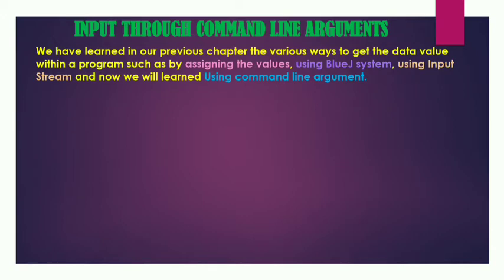We have also written a program using the BlueJ system, and in our previous chapter we learned how to write a program using input stream. And now we will learn how to write a program using command line argument. This is the fourth method of writing a program.